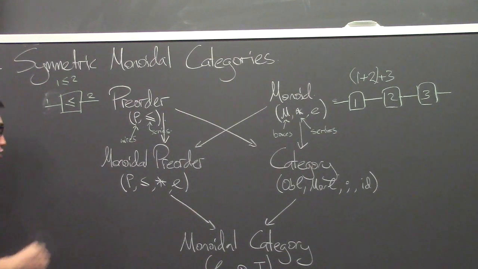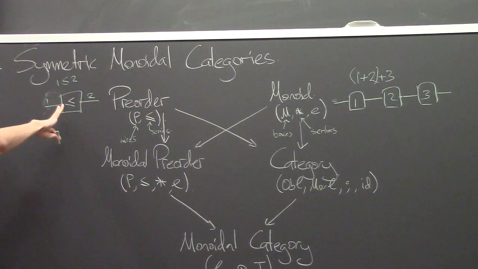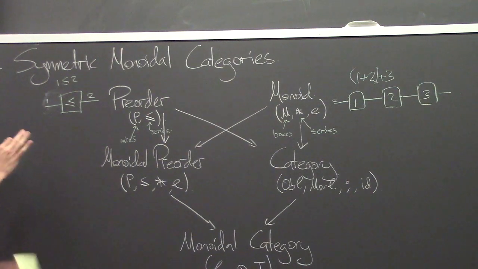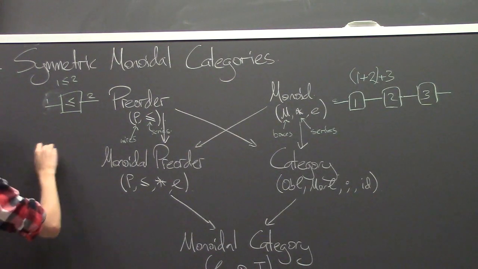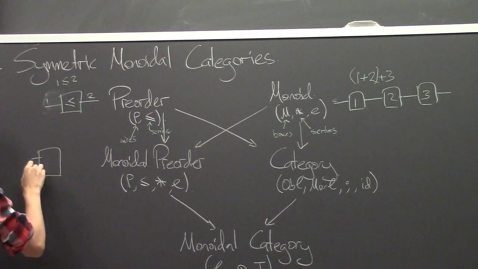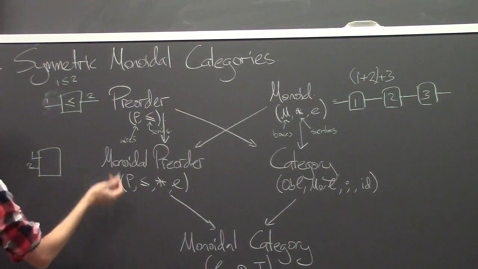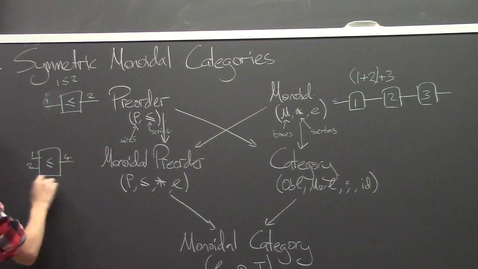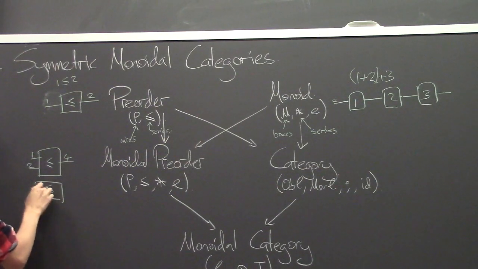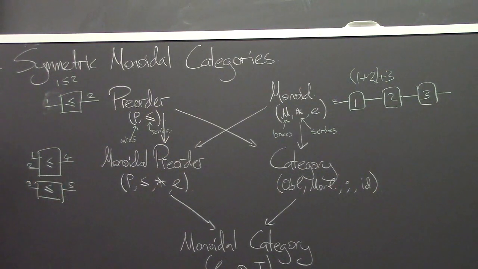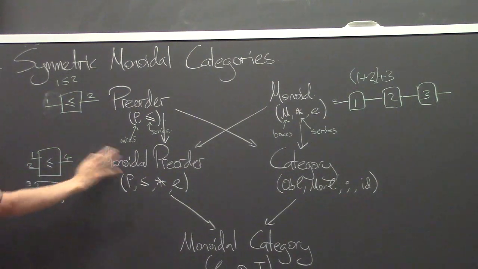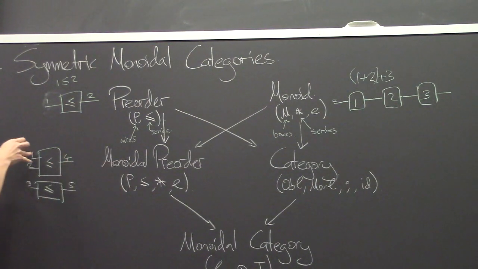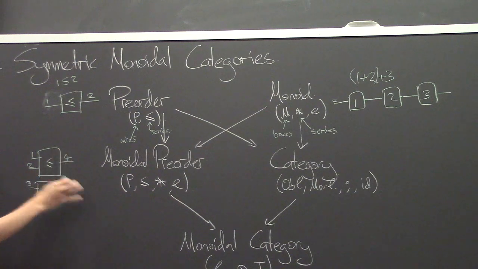Okay. For monoidal preorders, we had this ordering relationship where we could put things in parallel. So I could draw things like 1 plus 2 is less than 4. I could also have another thing here that says that 3 is less than 5, and the structure lets us conclude that 1 plus 2 plus 3 is less than 4 plus 5.